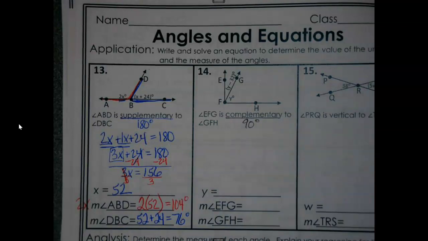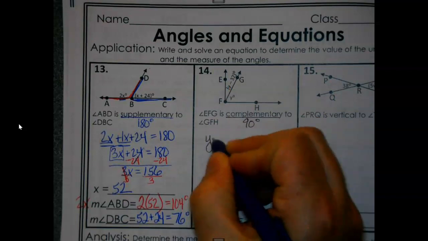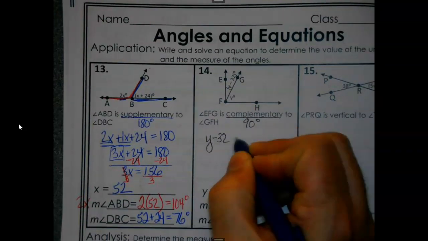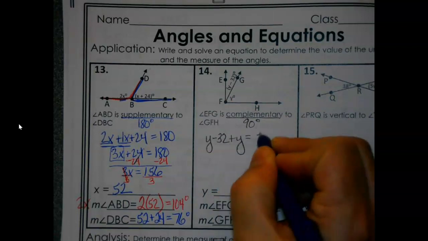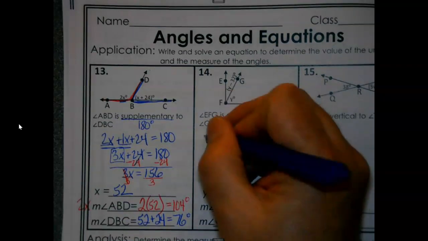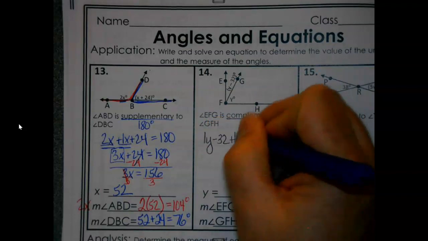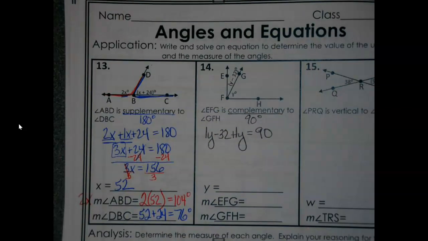Okay, words are important. EFG is complementary to GFH. So once again, I'm going to take the expressions that are in each one of those, add them up to equal 90, and remember, those y's, even though I don't see it initially, both have 1s in front of them.